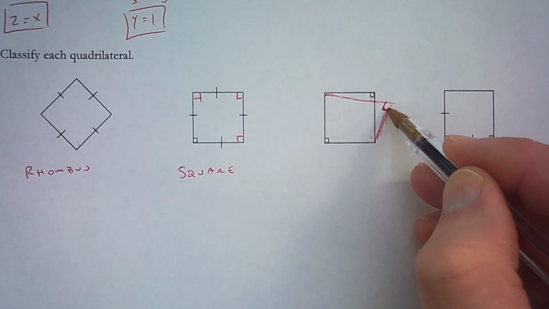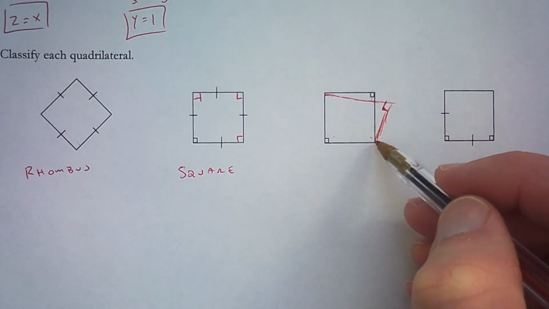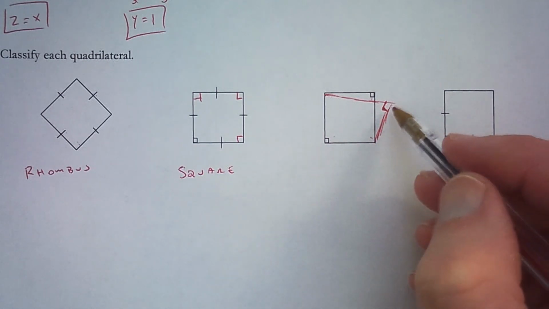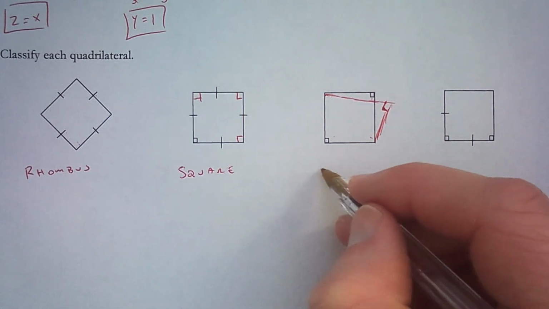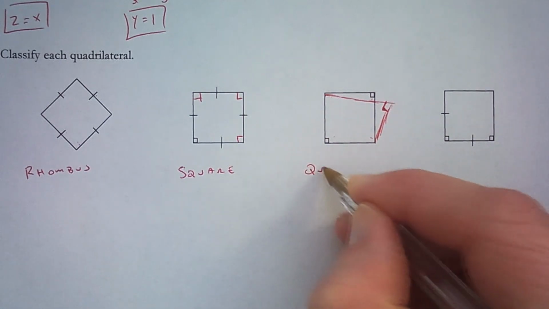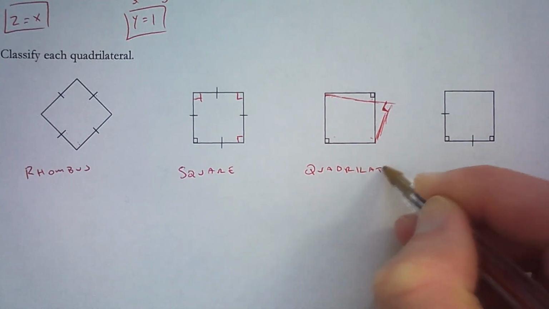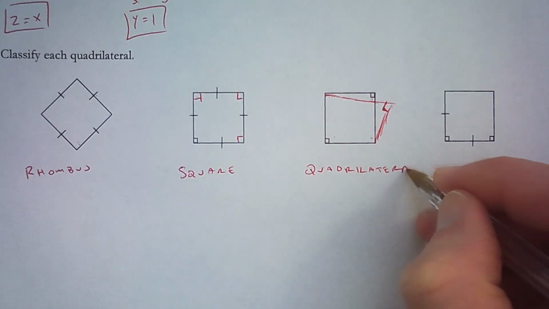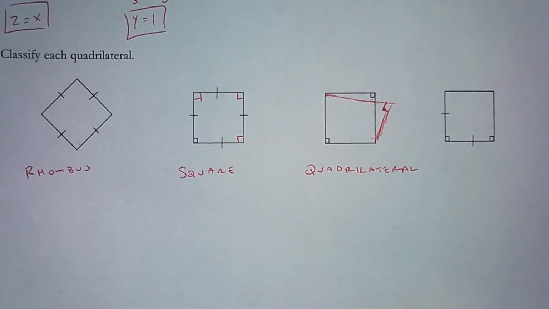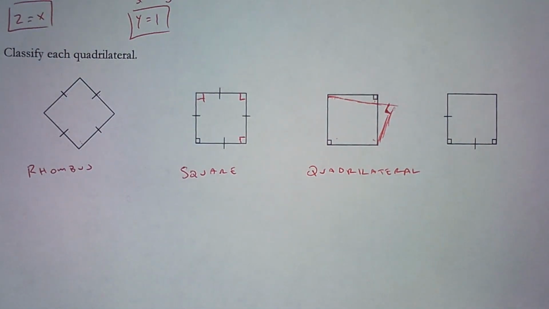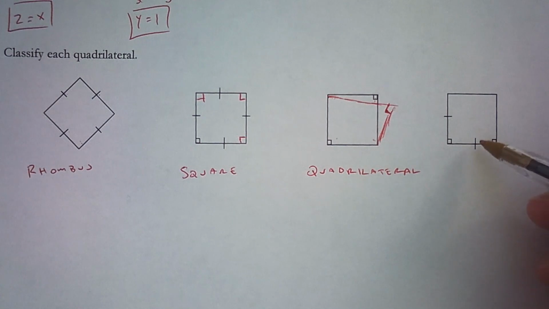So that right angle just moved over to here. This is definitely not a square, and it's not a rhombus. All I can say is this is some type of quadrilateral. It does not meet all of the qualifications for rhombus, rectangle, square, or a parallelogram.